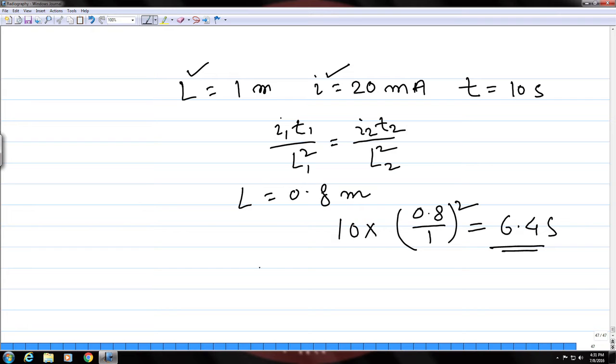And if you change the current also from 20 milliamps to 16 milliamps now, and the distance also is changed to 0.8 meter. So, for that case, when you change both distance and the tube current, then again from this particular relationship you can find out what will be the time, and in that case it will be 8 seconds.